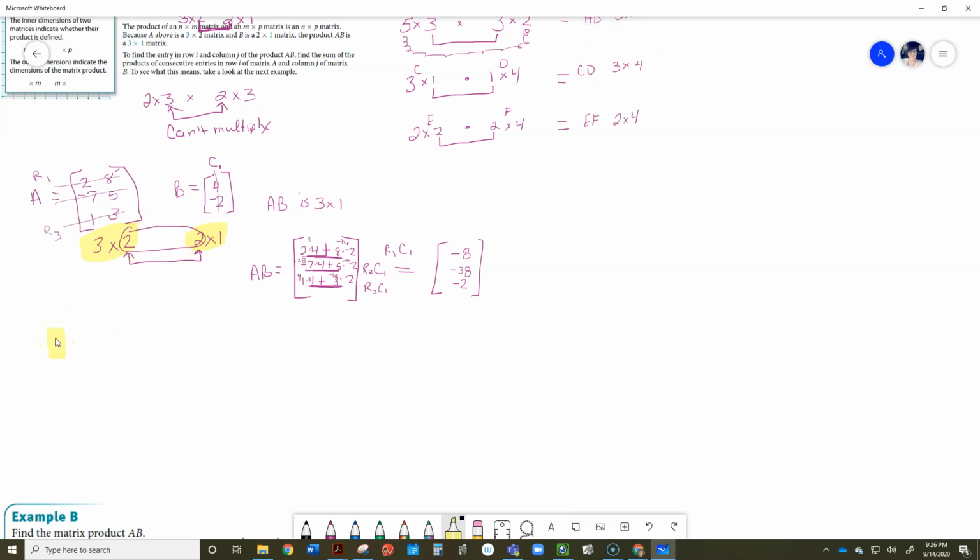Well, if we try to turn it around and multiply matrix B times matrix A, we're not going to be able to do that because B is a 2x1 matrix and matrix A is a 3x2 matrix, and now these numbers right here do not match. So there is no product. Or sometimes they say the product is undefined.